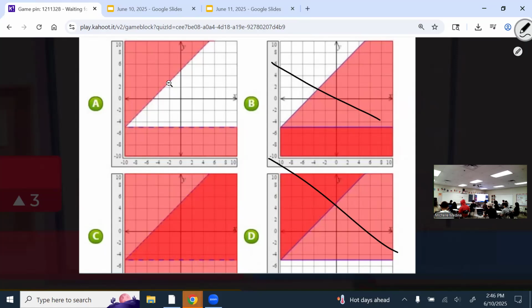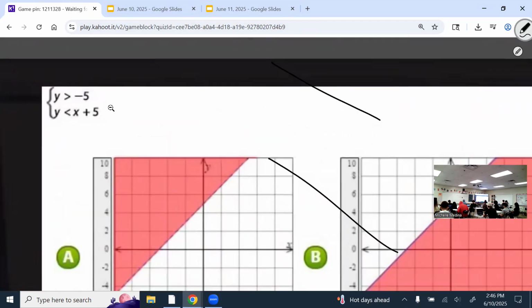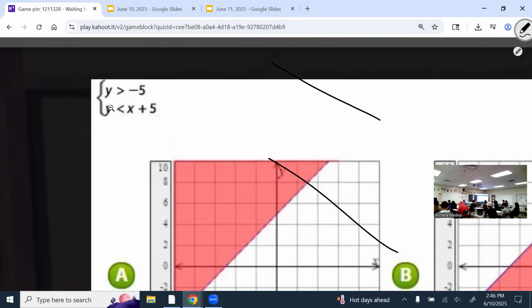A and C is what I'm narrowing between, which the difference is the shading now. Both of these happen to be in slope-intercept form, so I can tell what the shading should be just from looking at it. I want, for this one, to shade where y is greater than. So you know how your y-axis goes up and down?